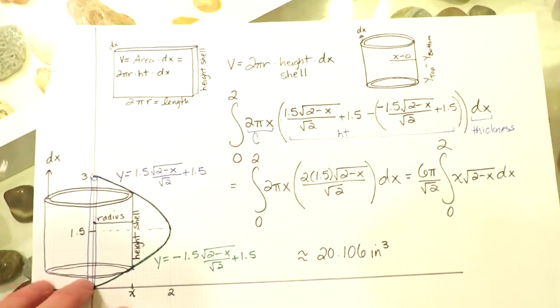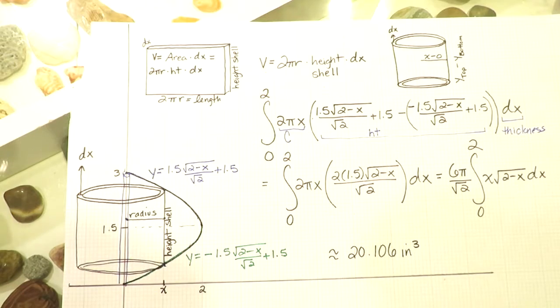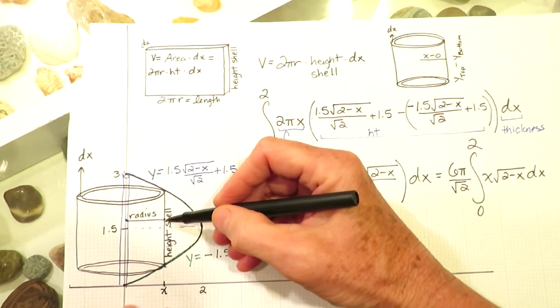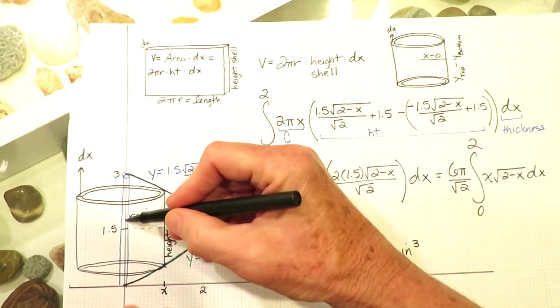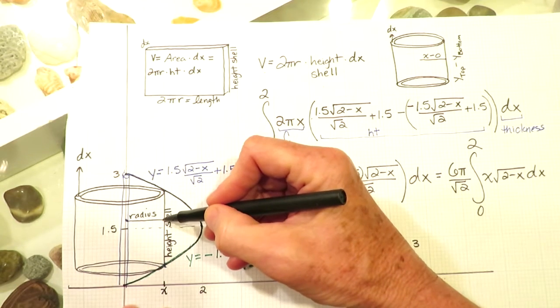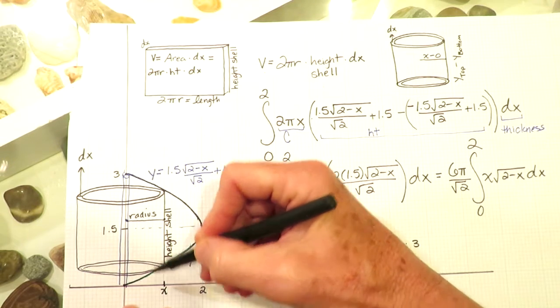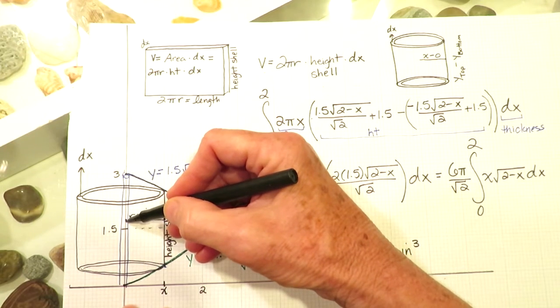So looking at our shape here, the radius of our shell, which we need because we're going to find the circumference, is a length, and the length will be the difference between whatever x you've stopped at and this lower side of the length. Well, that's on the y-axis where x is 0.